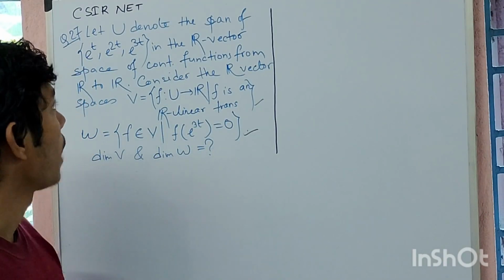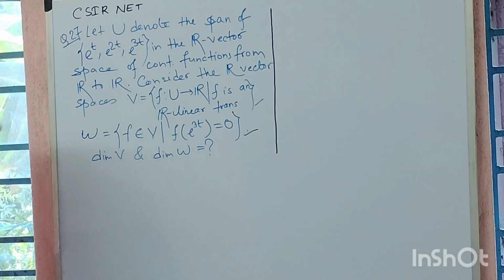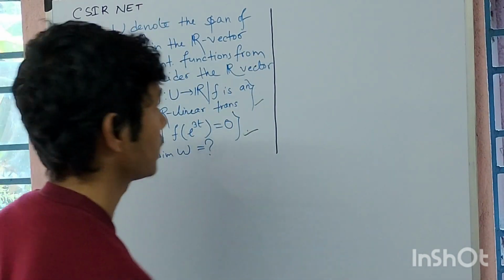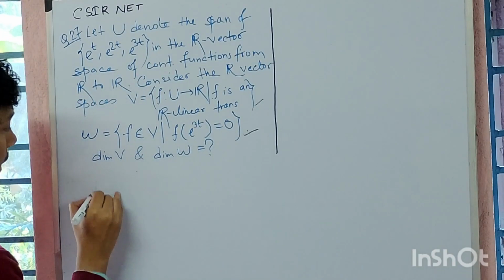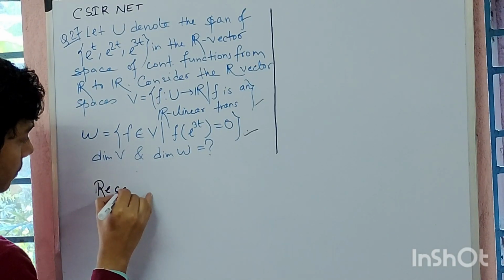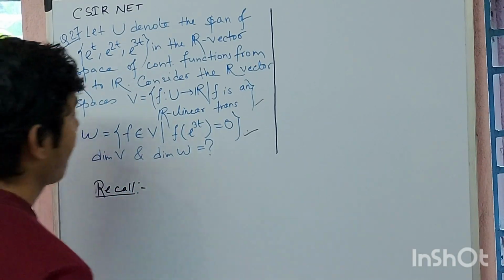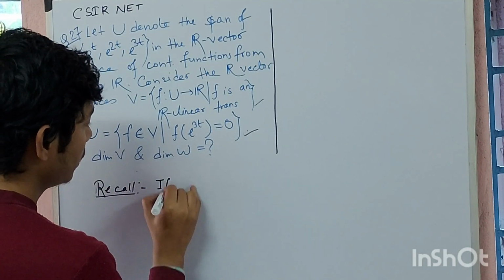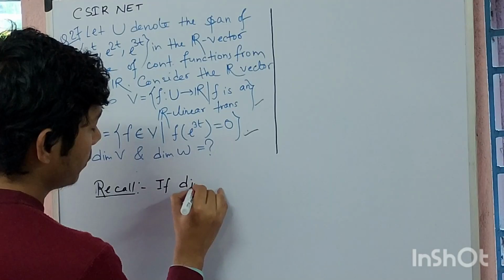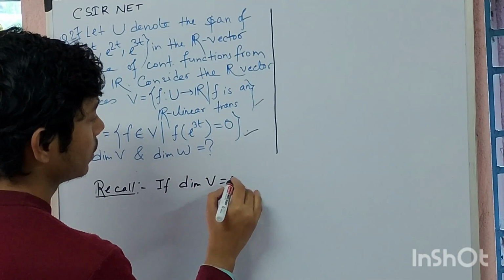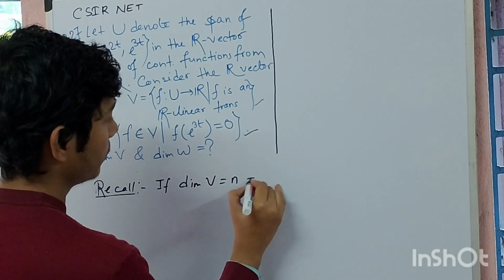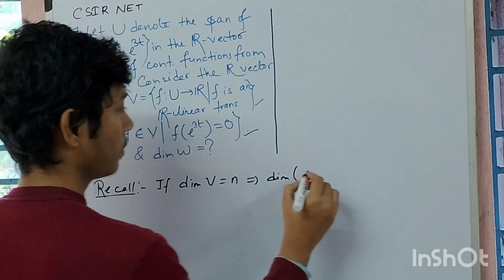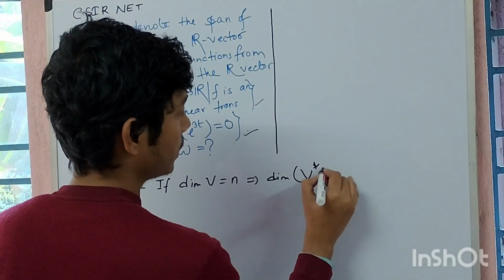To approach this type of problem, it's a very easy problem. You have to recall a few things. I am writing it down here. Recall: if the dimension of V equals n, this implies the dimension of V star is also n.